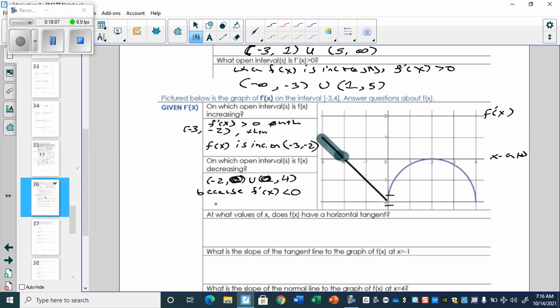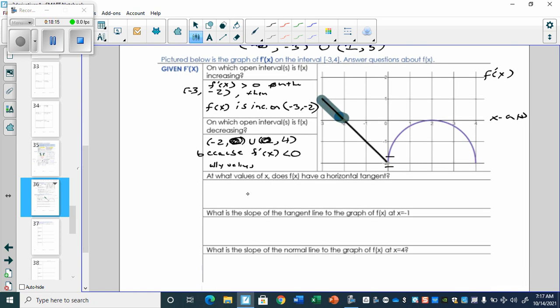This is shorthand for saying all y values of this derivative are less than 0. Now, at what values of x does f of x have a horizontal tangent?